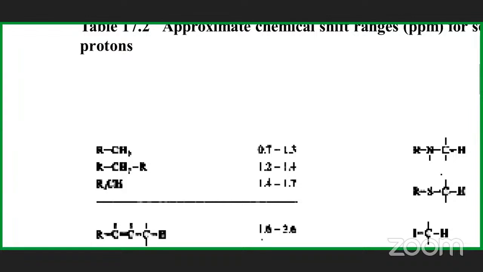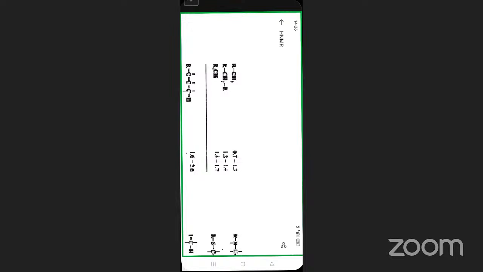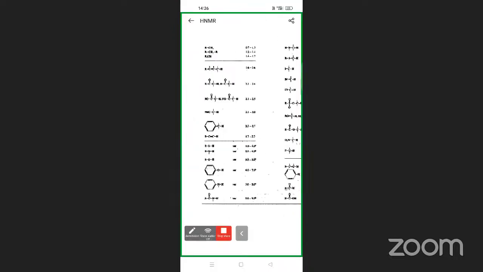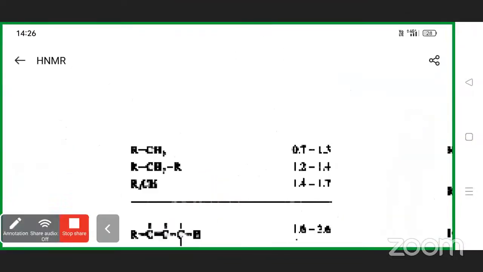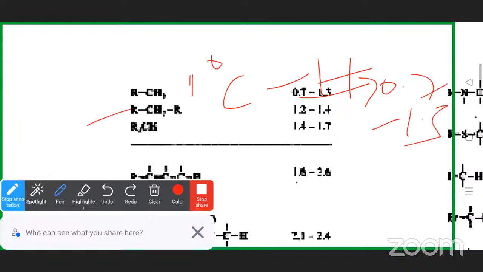So this proton attached to the primary carbon is the primary carbon proton, which is 0.7 to 1.3. And this is your secondary carbon proton, and this is your tertiary.